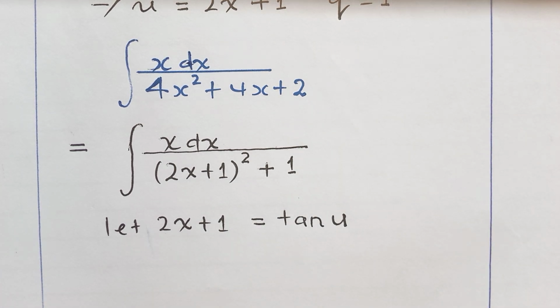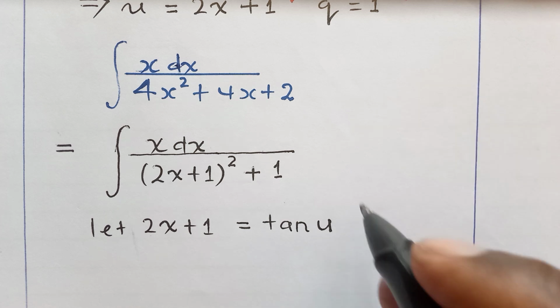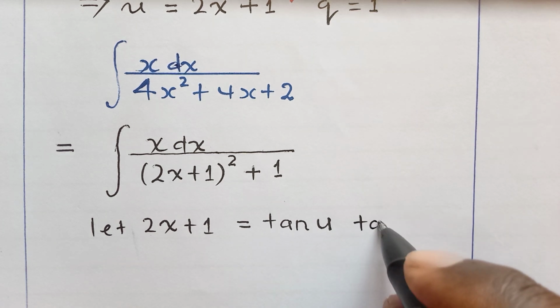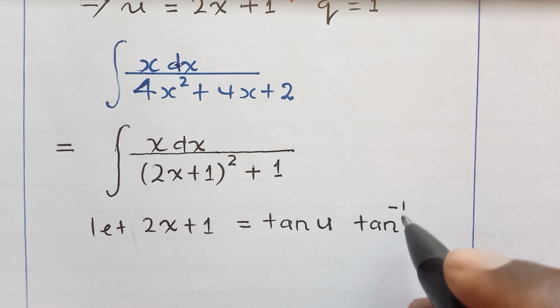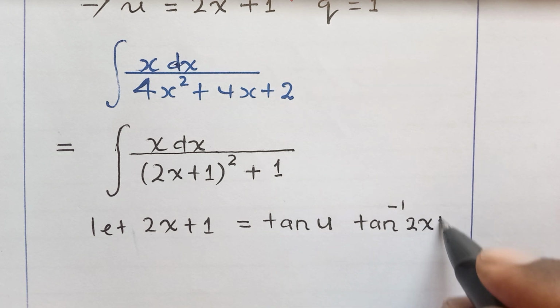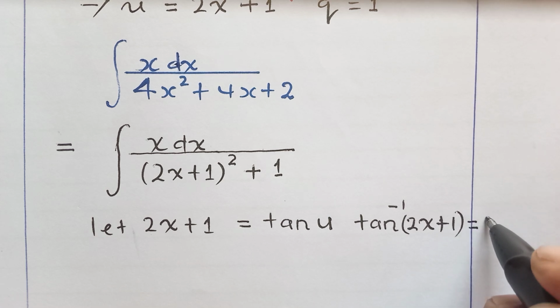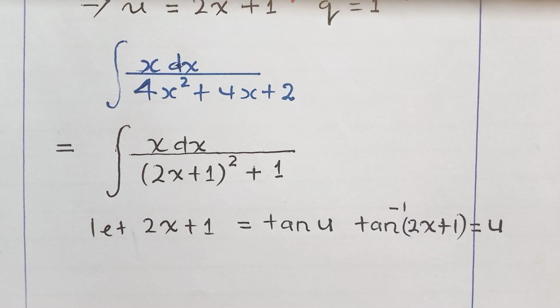Whereby this one can also be written as tan inverse of 2x plus 1, which also gives you u, like that.